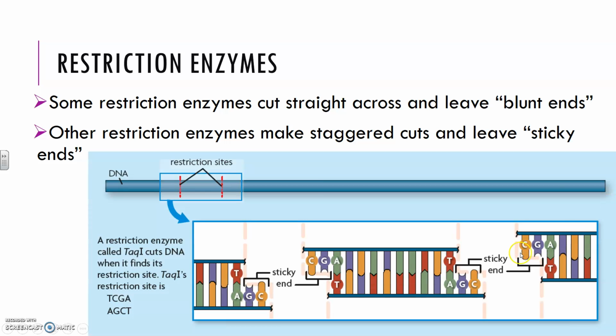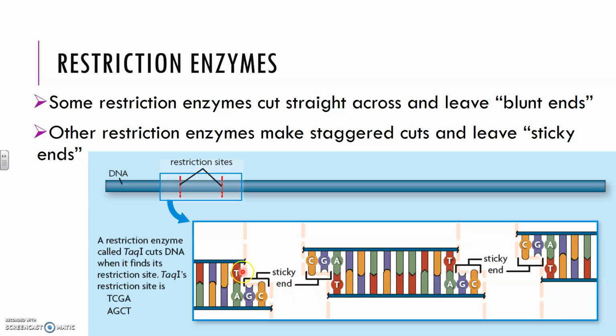If you look here, let me get my laser pointer. This restriction enzyme has two sites here. The enzyme will come in, find its restriction site, and cut the DNA. This TaqI, is how you say that, cuts the DNA in a sticky end pattern. The sequence that it looks for is TCGA or AGCT, which is just the backwards form.